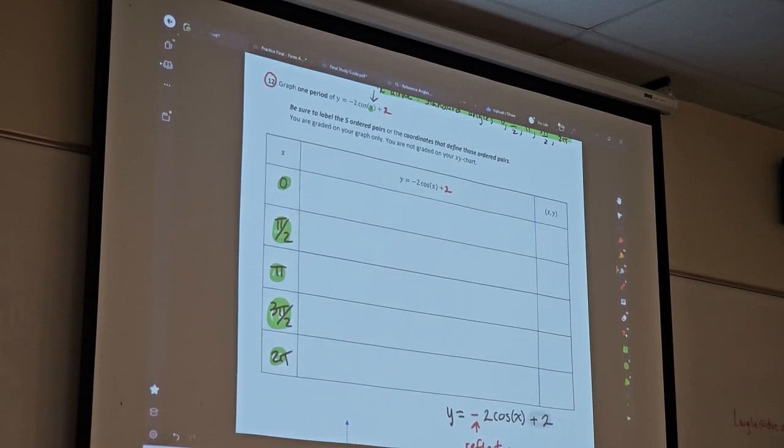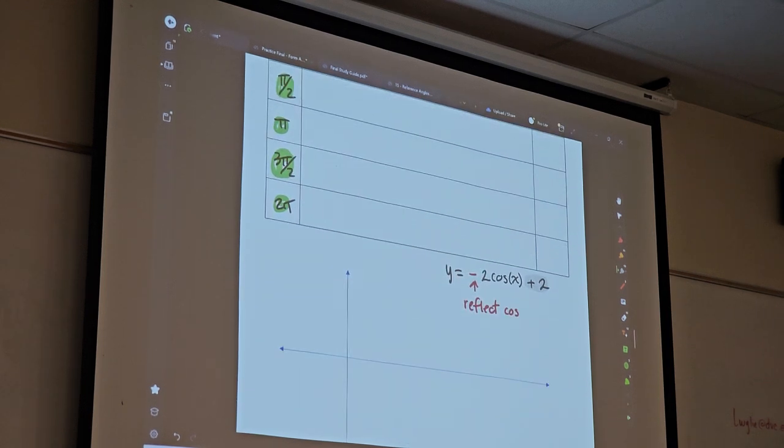So that +2, here's my equilibrium. Amplitude of 2.